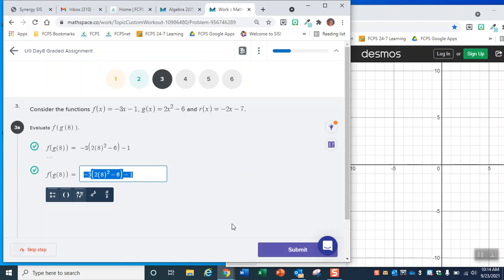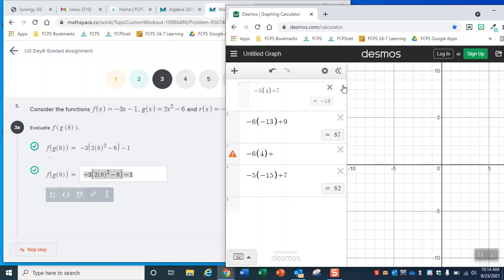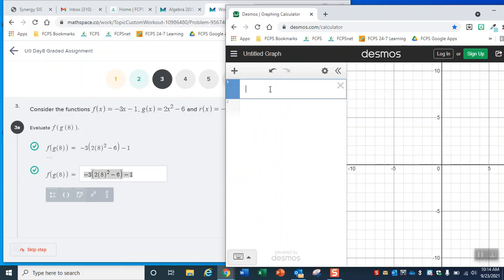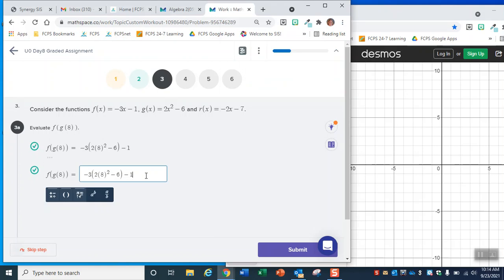So I've got all those numbers there. I'm going to do a Control-C, and I'll put that into Desmos. I'm going to paste it, and I get -367.